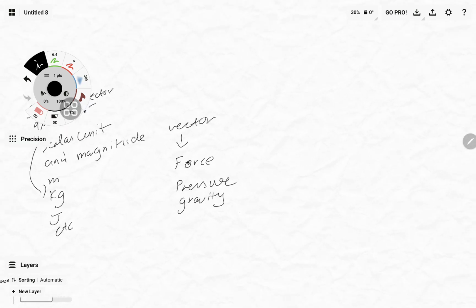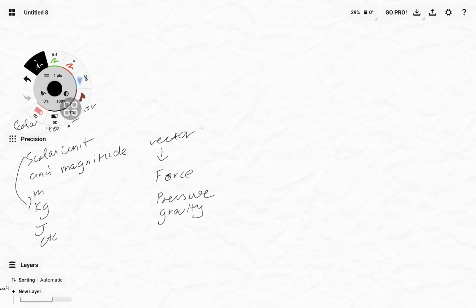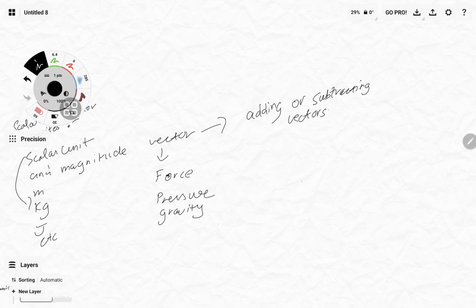Now we have another thing about vectors, which is adding or subtracting vectors.